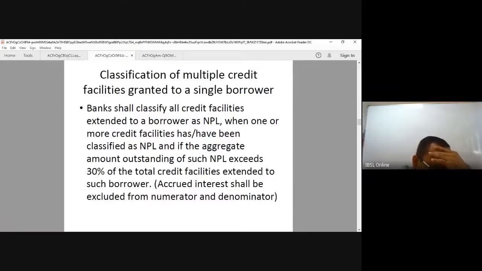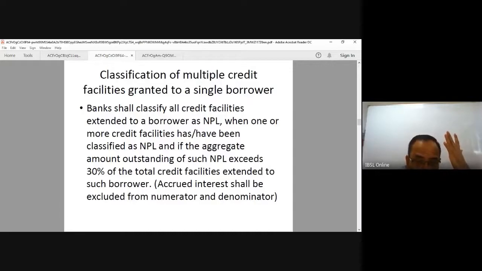So the 40 million becomes NPA. You have the balance of 60 million, and let's say he is operating the account perfectly, within limit, with a lot of payments coming in. He's settling, he doesn't go beyond the limit, no problem. But still, because this facility of more than 30%, the 40 million, has become non-performing, the customer's entire 100 million will have to be non-performing.